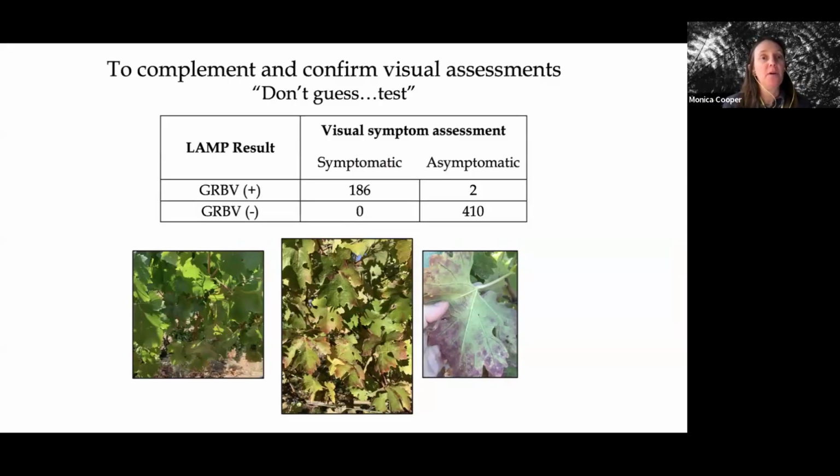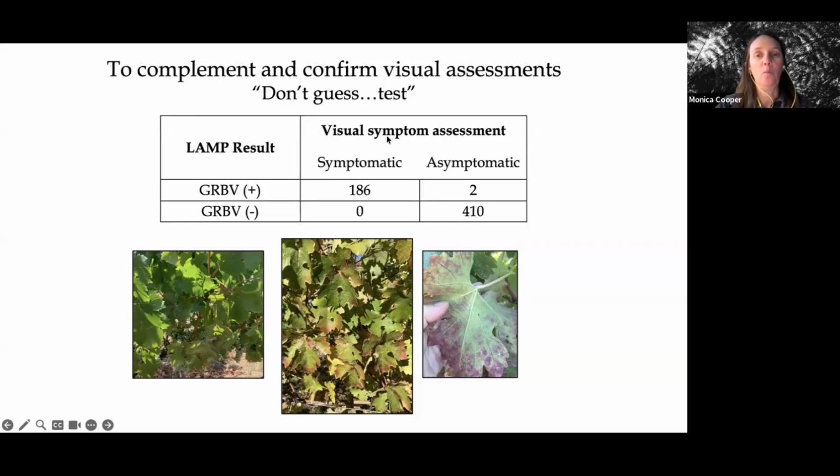As I've already mentioned, one of the ways that we use LAMP is to complement and confirm our visual assessments. So we go out in the vineyard in the morning, we look at some vines, and we decide whether or not we think that they have red blotch symptoms. If we're questioning our visual diagnosis, we can pull samples from those vines, bring them back to the lab, process them, and determine whether or not they are infected with the virus.